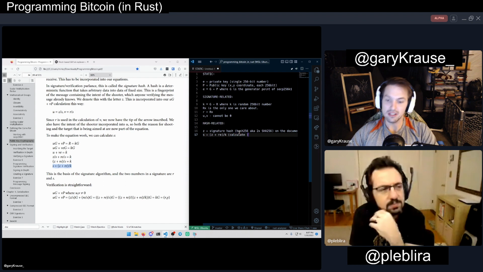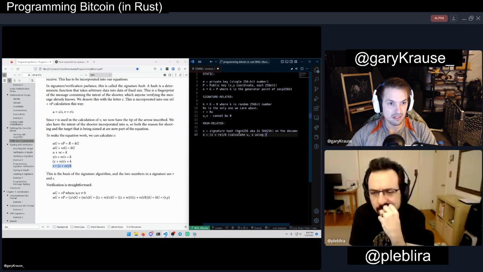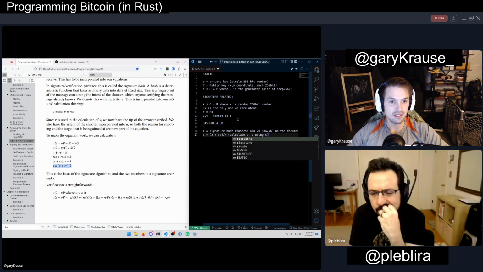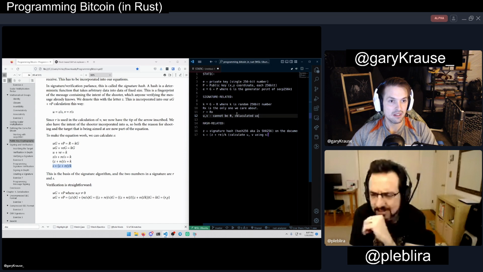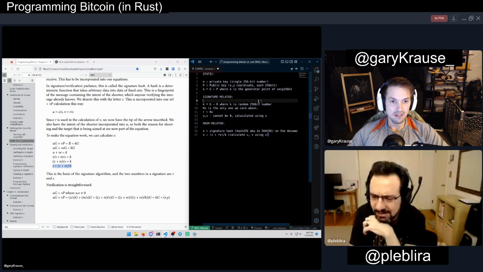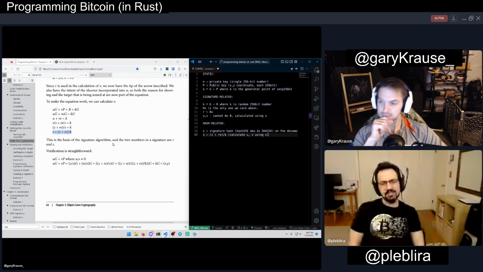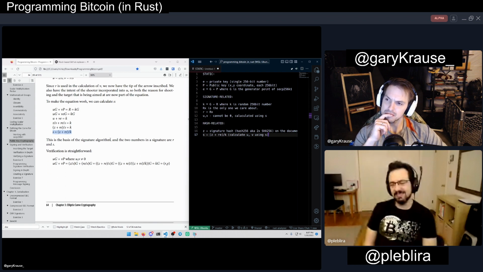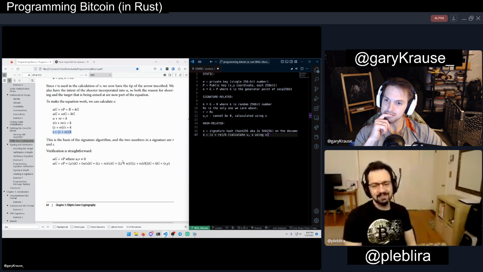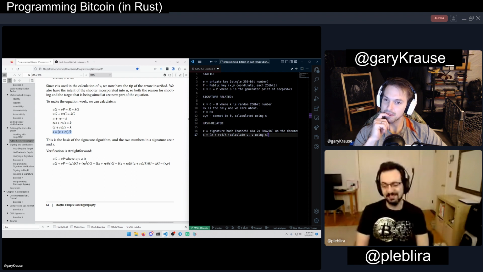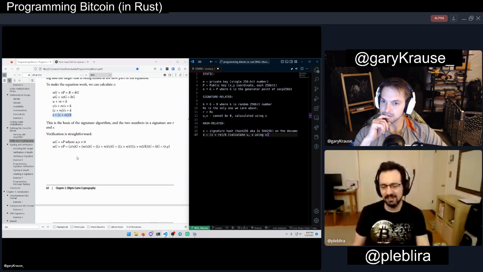Calculate U and V using S. The two numbers in the signature are R and S. It's kind of like a quotient. Yeah, like a coefficient, I think you could say, since you have all those numbers defined.